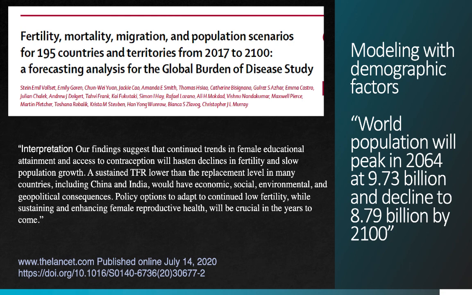The paper notes that a combination of enhanced female reproductive health and services plus increasing educational opportunities for women in many countries around the world are resulting in lower rates of population growth than what the UN has estimated in recent reports. There's much more in this paper, including estimates of which countries will likely have the strongest economies based on analysis of population demographics for 2050 and 2100. Have a look for yourself and see what you think.